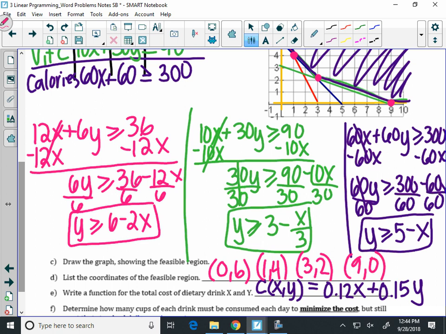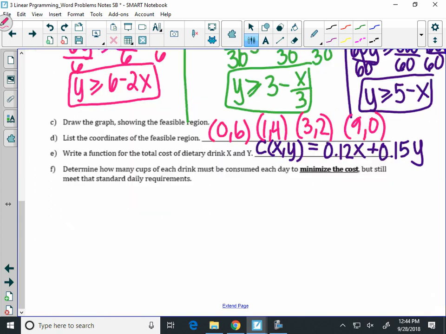So we still have 4 points to check. I'm going to take a minute now. You're going to put those combinations in. So this means you drink 0 of drink X, 6 cups of drink Y. You're going to put all of those into your cost function so we can find the cheapest one. So take the last couple minutes. It won't take you that long. Cost of 0 and 6.